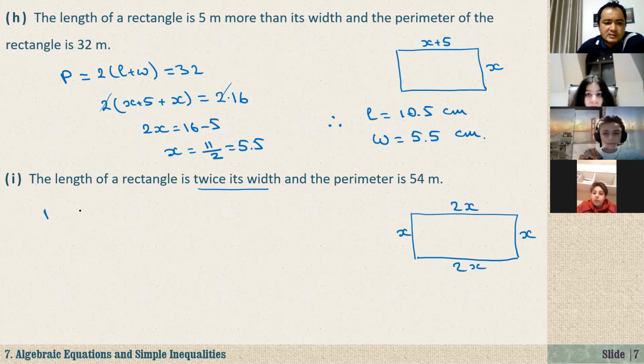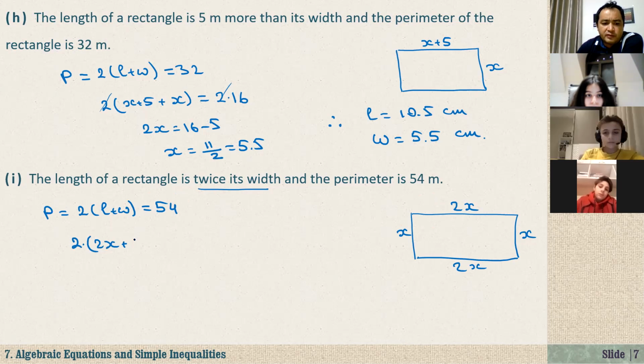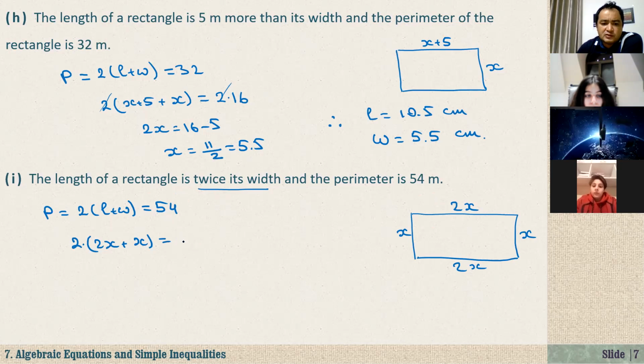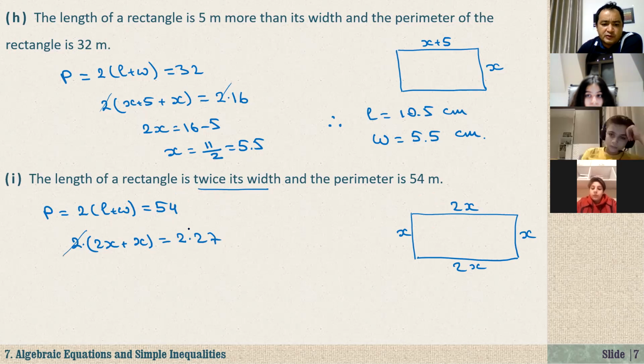So perimeter is 2 times (length plus width). That's equal to 54. From here, 2 times, what is length? It is 2x. Width is x. On the right hand side, I can just write 54 as 2 times 27. So divide both sides by 2, so they are gone. And here we have 2x plus x, that is 3x, equal to 27.